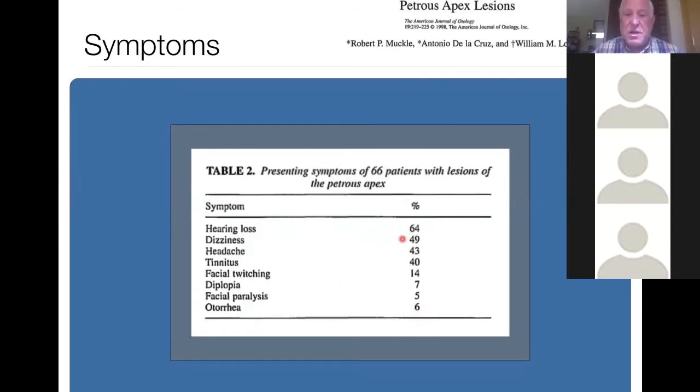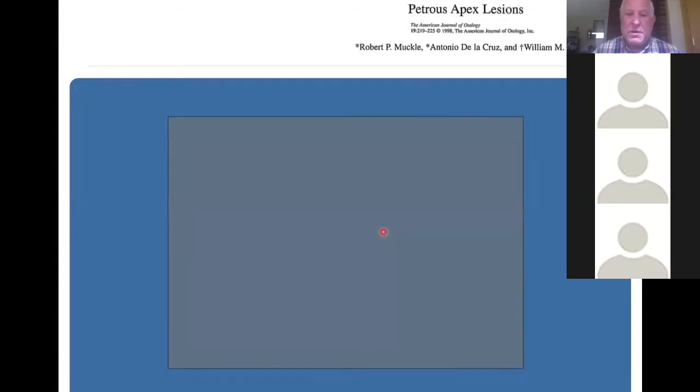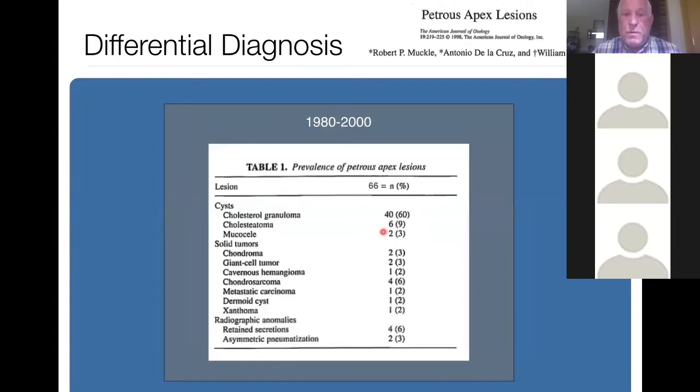So hearing loss, dizziness, headache, and tinnitus were much more prevalent in this large series of 66 patients. We can also look at the pathologies. As I said, cholesterol granuloma was the number 1 pathology, followed by cholesteatoma and mucocele.